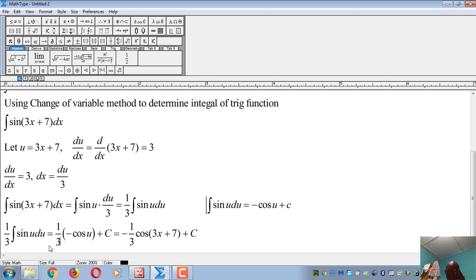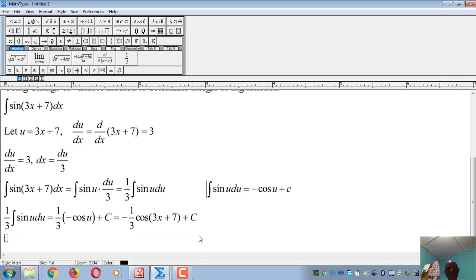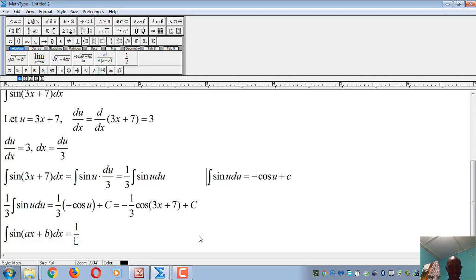We're going a bit further now. Once we are through with this, we can derive a particular formula from this. If you are asked to find sine ax plus b dx, you can say it's the same thing as 1 over a times minus cos ax plus b plus our c.